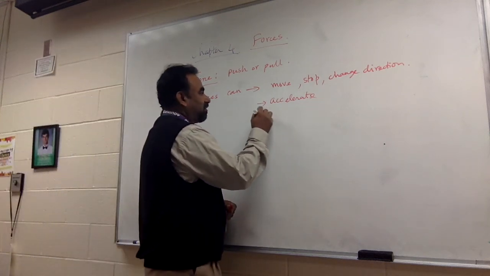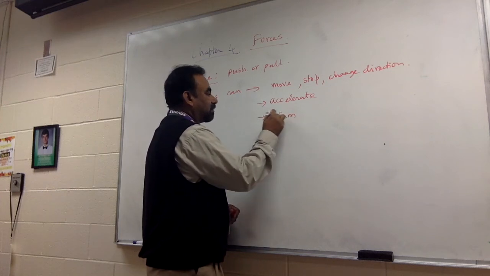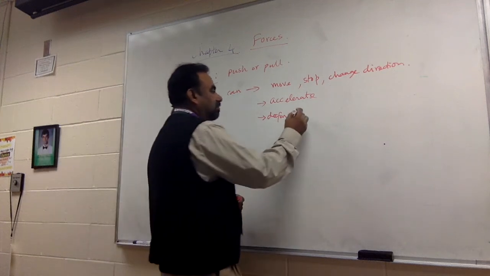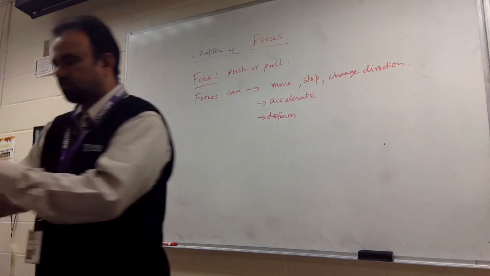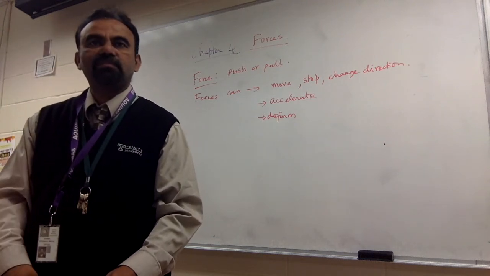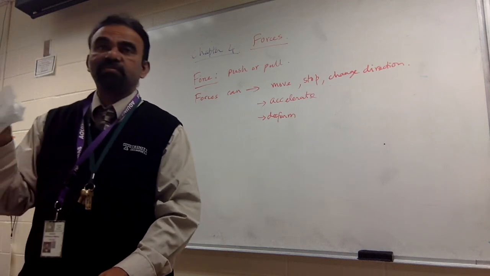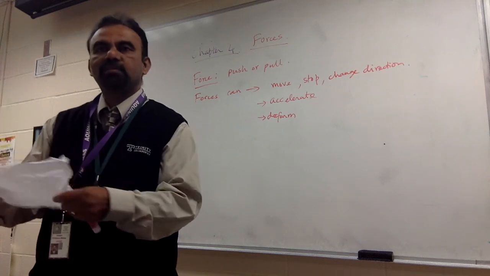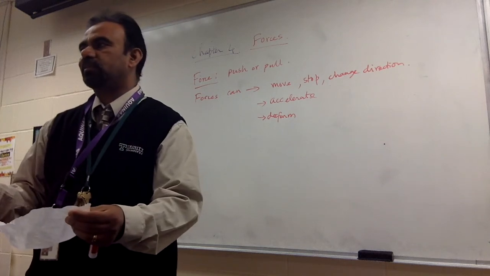It can deform an object. Cause deformation, like change the shape. Now the shape is different. I applied a force. We can deform an object. And sometimes the deformation is temporary, or permanent.